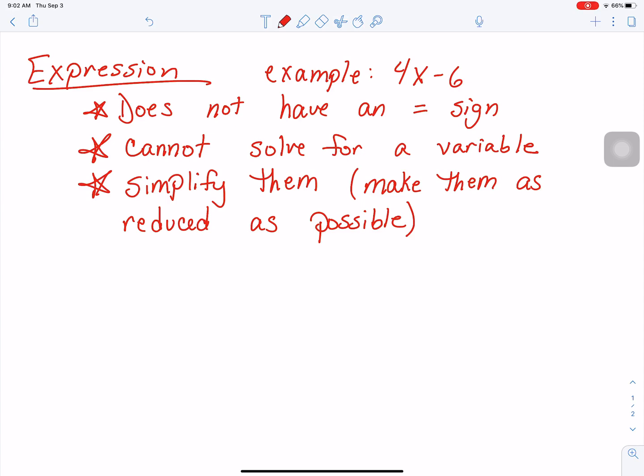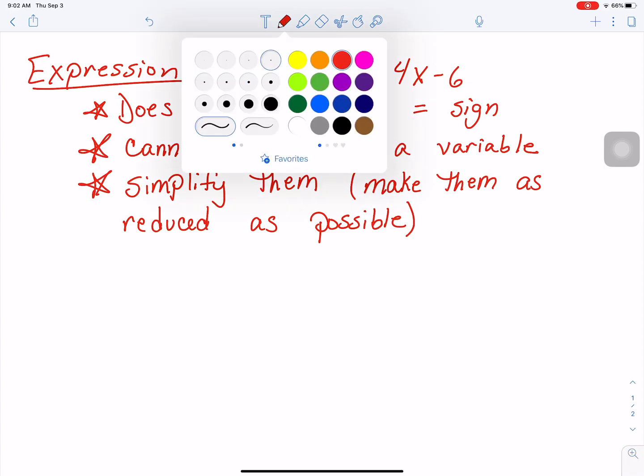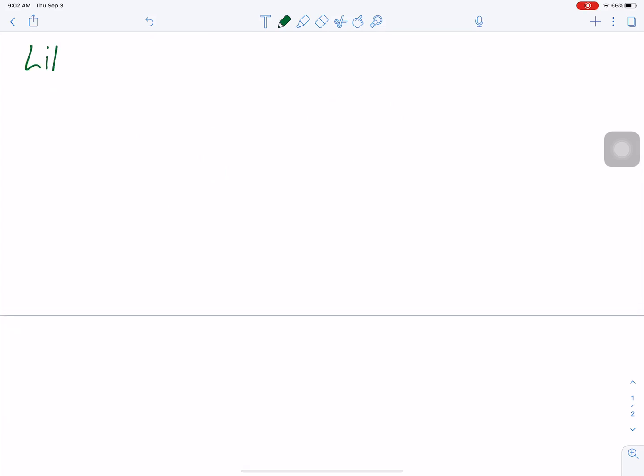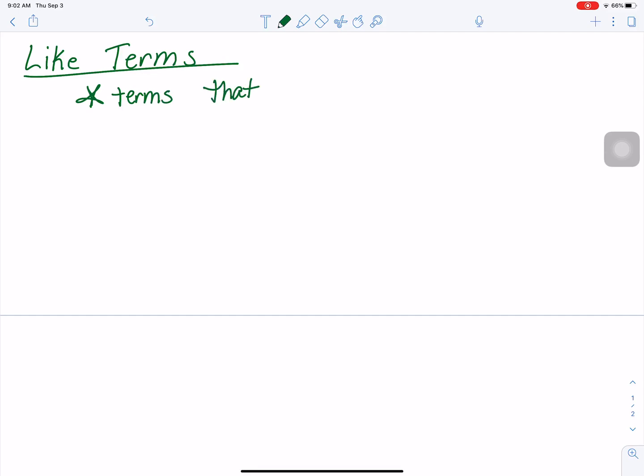So in your notebook, you are turning to the letter L for the words like terms. I'm just doing these alphabetical, so sometimes you might come into, oh wait, I don't know exactly what that word is, but we'll explain it and we'll still put them into the vocabulary if they need to be. Like terms are terms that can be added or subtracted together.